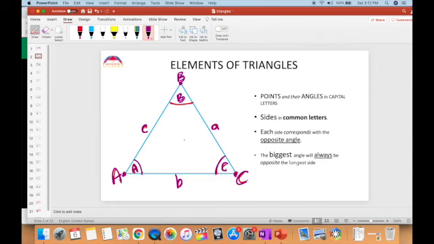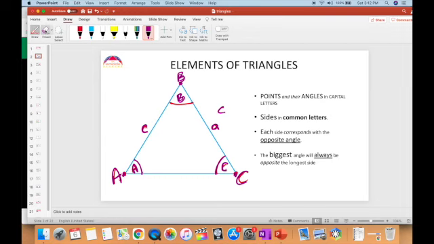Now I have a question. I could have called this XYZ. Why did I choose to name the opposite side with the same name as the opposite angle to it? Why didn't I just name this one C?